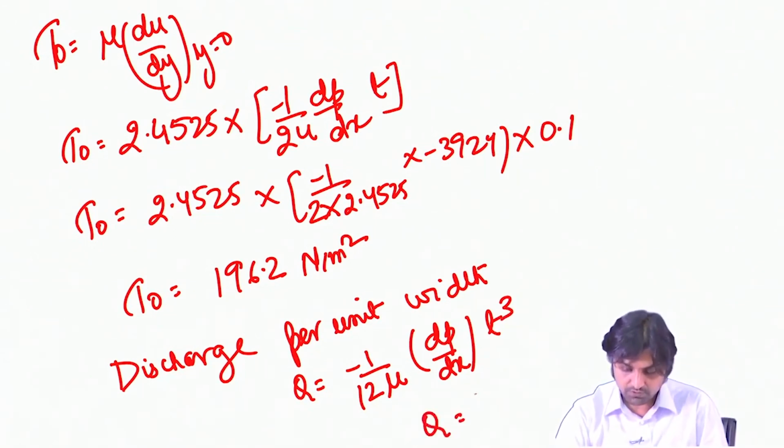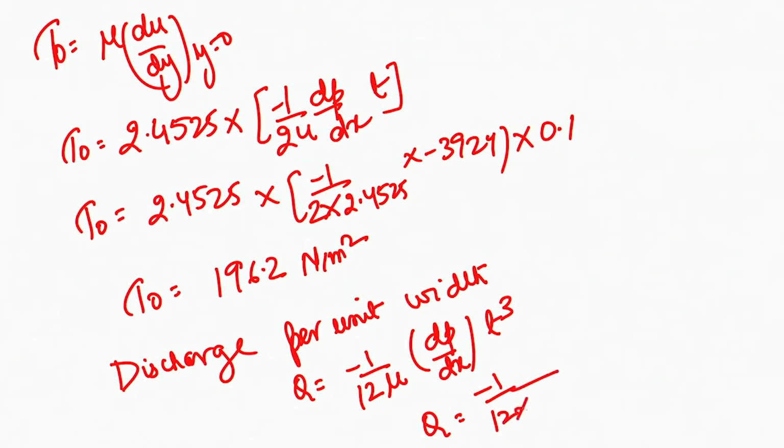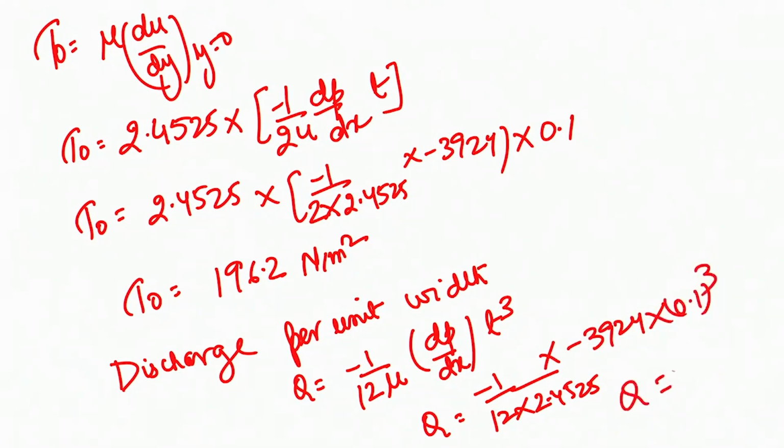Therefore Q is going to be minus 1 by 12 into 2.4525 into minus 3924 into 0.1 whole cube. So Q is 0.133 meter cube per second.